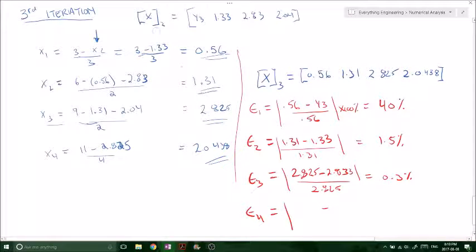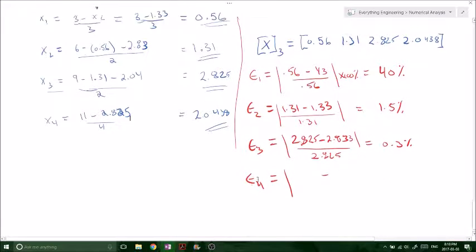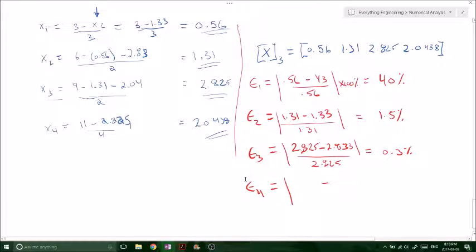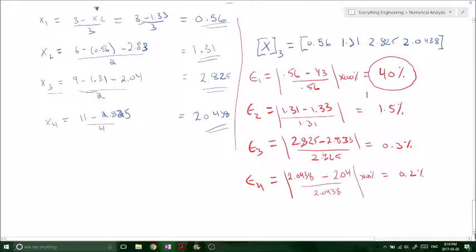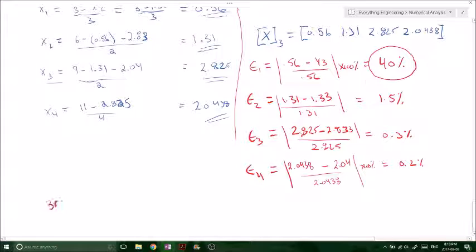So that is a good thing, but I guess just make sure that you carry enough decimal places. Yeah, so that is a 0.2%. So this is really good, but still remember, because 40% is our maximum, we can still only say that the third iteration error equals 40%.